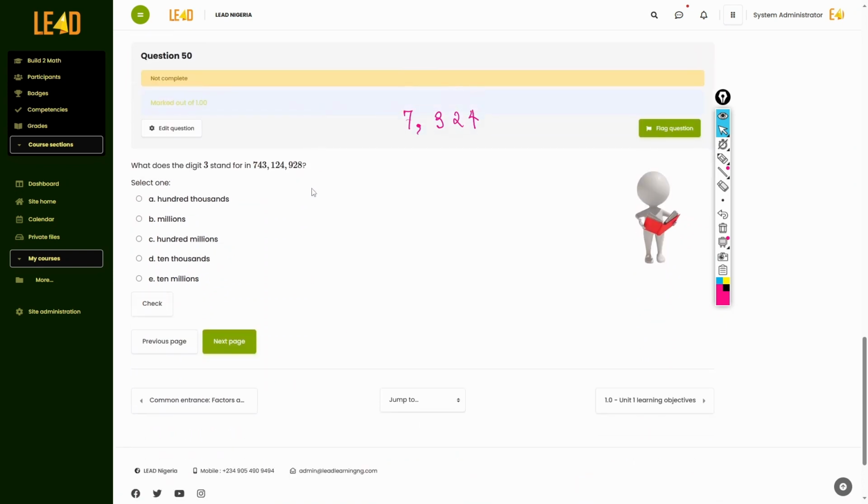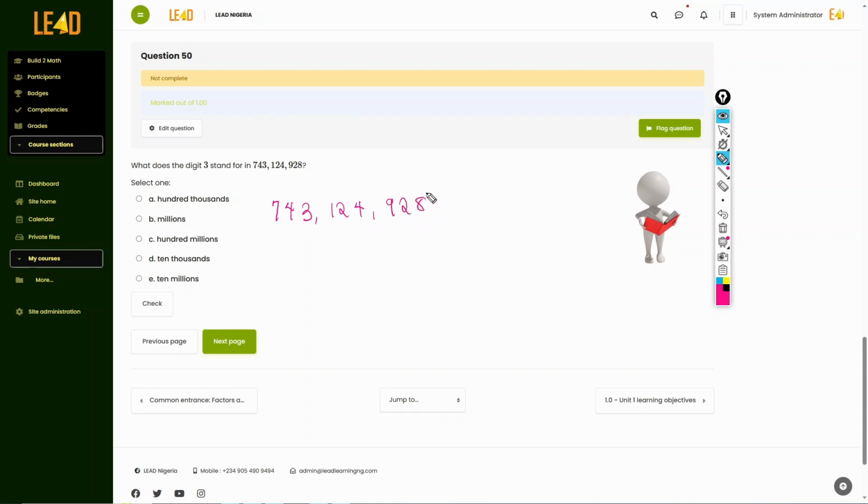What does the digit 3 stand for in that? That's the place value they're asking us for now. So 743,124,928.